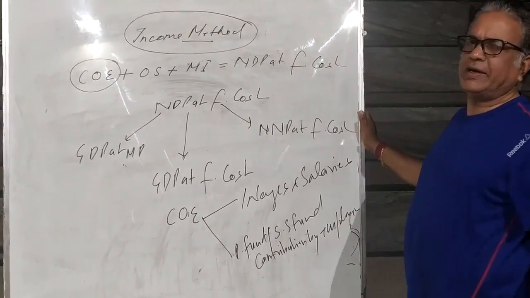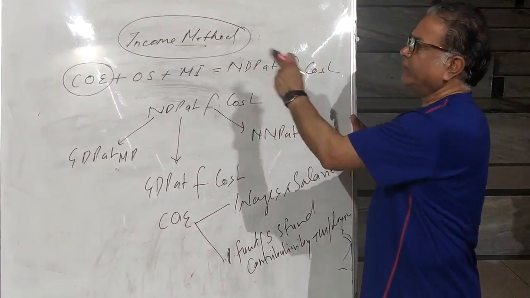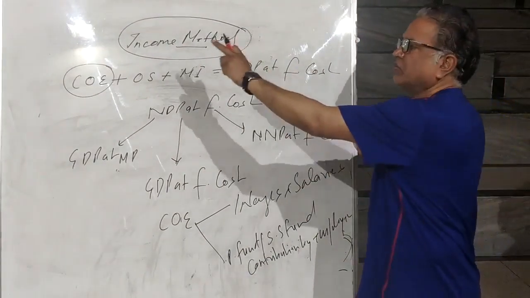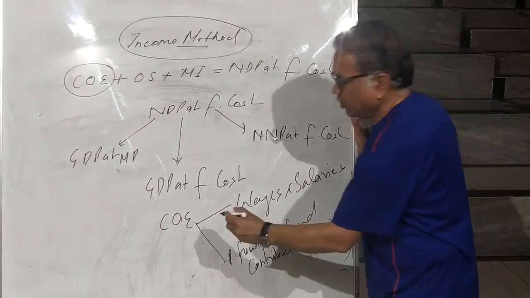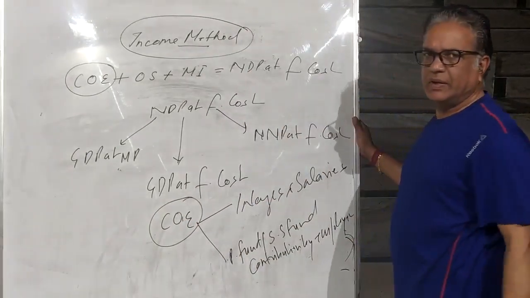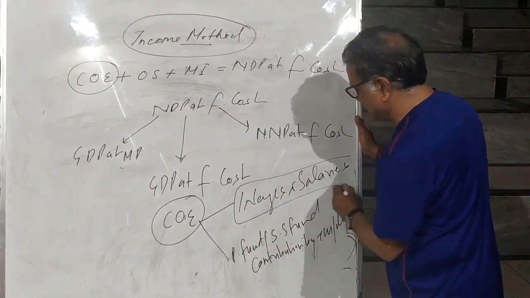The very important thing here, when you are going to take COE from the items given, among the items you have to trace out COE. Either COE will be given completely, just pick the amount and enter here. If COE is not given completely, then you will be given wages and salaries.